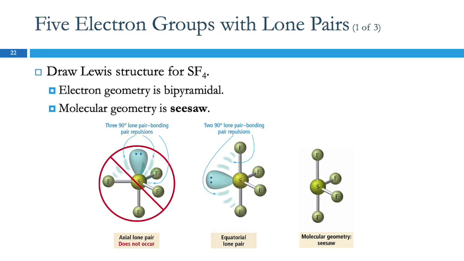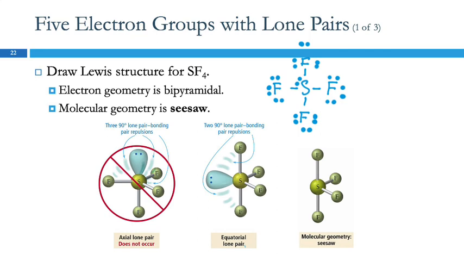So this is asking us to draw the Lewis structure for SF4. You always need the Lewis structure because if you just look at the formula, you might think, well, this has 4 bonds. It's got 4 fluorines, right? No. So if we do our electrons, there's a lone pair on the central atom.